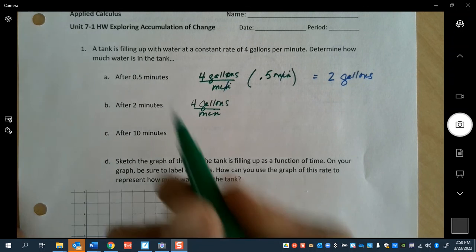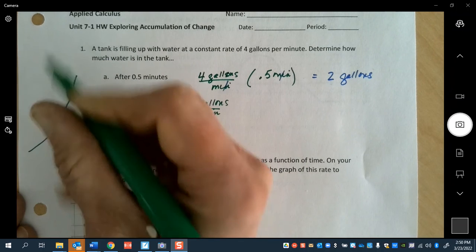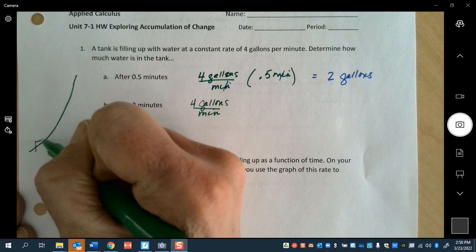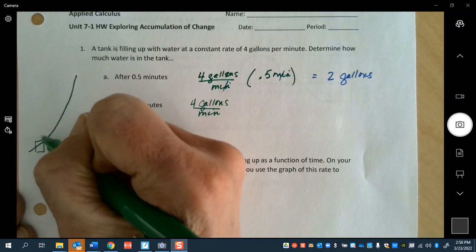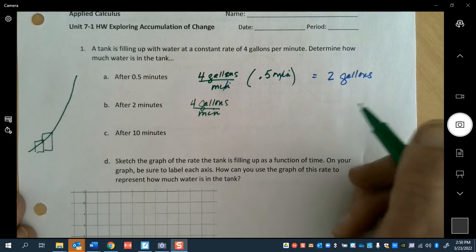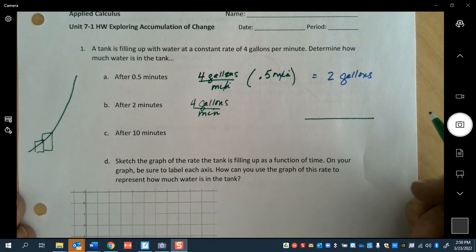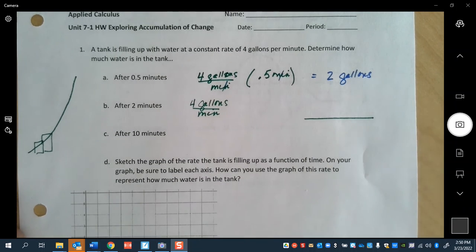So compare the curve that I had for Alice, where I had to find each of my rectangles individually. Because this is filling up at a constant rate, do I need to change my intervals? Food for thought.